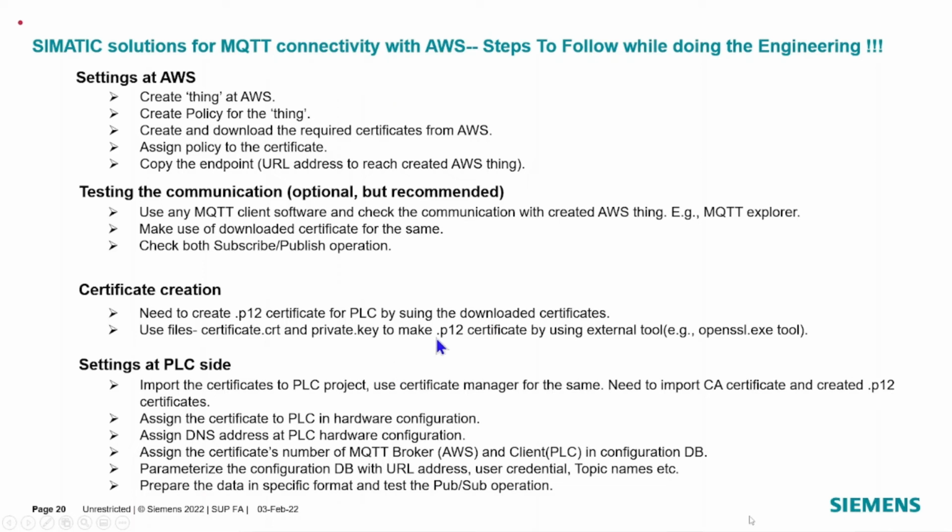So this PTOL certificate needs to be created, and that will also be shown using a tool called OpenSSL. There can be different tools, but I have used the OpenSSL tool to prepare the PTOL certificate. Once this is done, the CA certificate and the PTOL certificate need to be imported into the PLC project, and some configuration needs to be done in the PLC based on your cloud side settings. Here also, data has to be prepared in a specific format to send or receive.